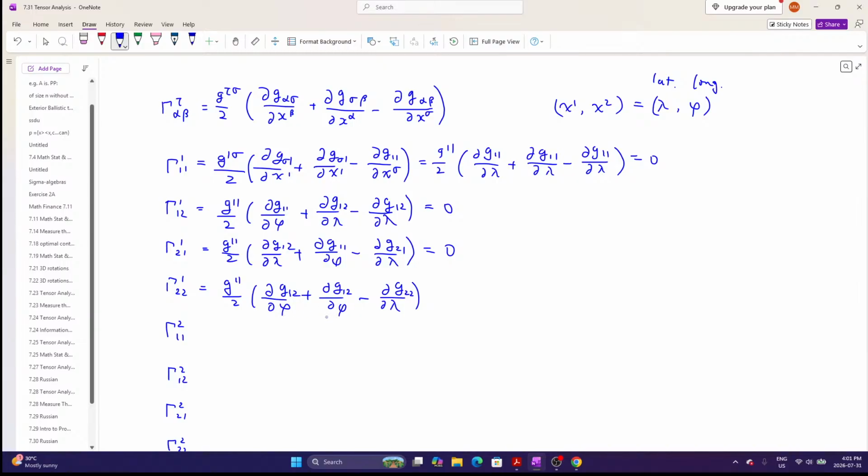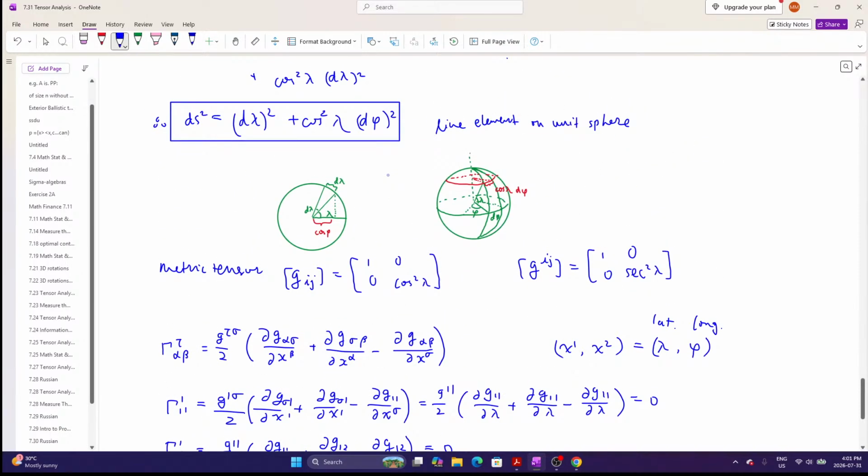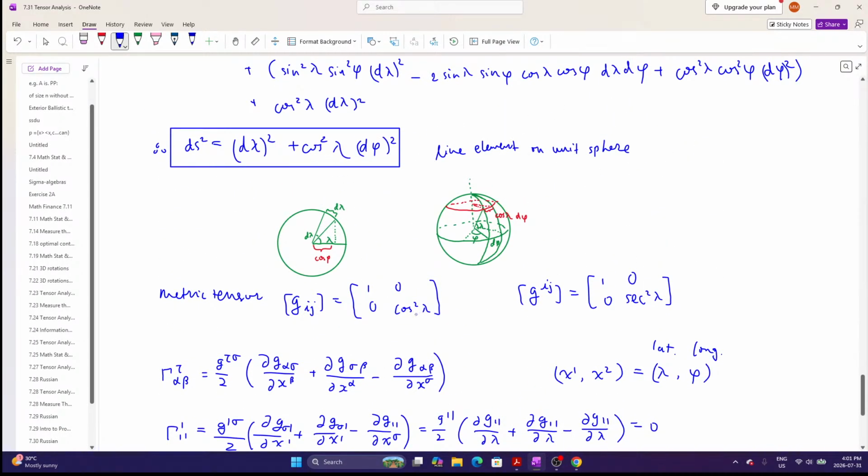So finally a non-zero term, because g22 is cosine squared. Actually, sorry, I was thinking, do I need to remove the square here? No, nothing is wrong, you keep the square. If you remove the square, then the quadratic form fails to be what it should be.